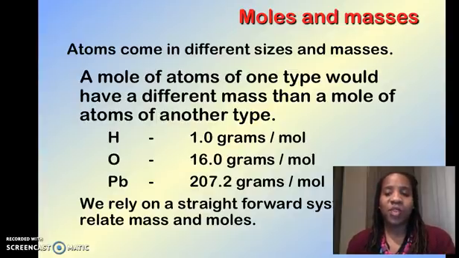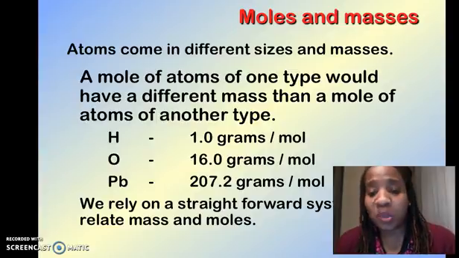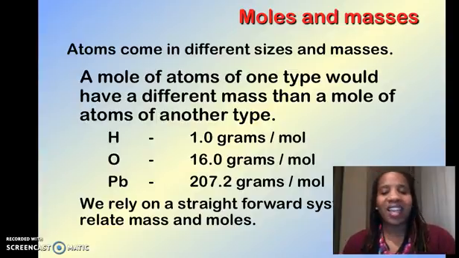Isn't that cool? So 1 mole of hydrogen is 1 gram. We're just going to round off to the first decimal place. 1 mole of oxygen, 16 grams. 1 mole of lead, 207.2 grams. Okay, well, we don't need lead right now because we're talking about water, but it's basically very straightforward.